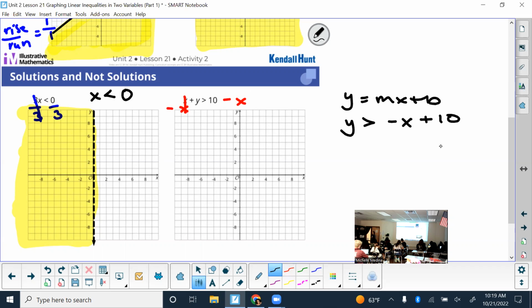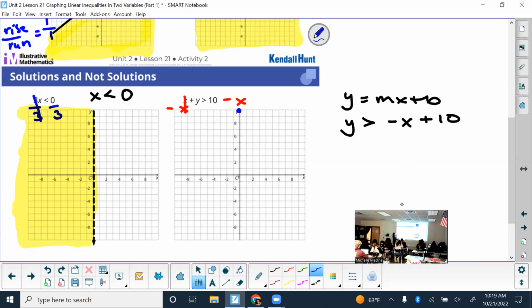What do I plot next? The y-intercept you plot next. Put it where y is 10, it would be right there. How do I plot my next point? Use the slope.